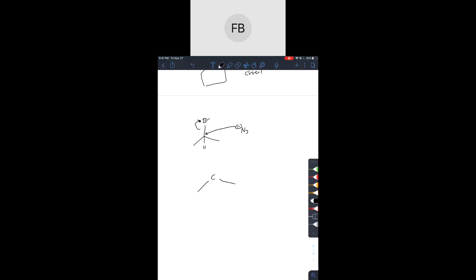It'll be attaching to the N3 at the same time as it's detaching from the Br. So this creates this 1, 2, 3, 4, 5 pentacoordinated state, just for a split second, but it is there. The carbon is possibly attached to 5 things at the same time.